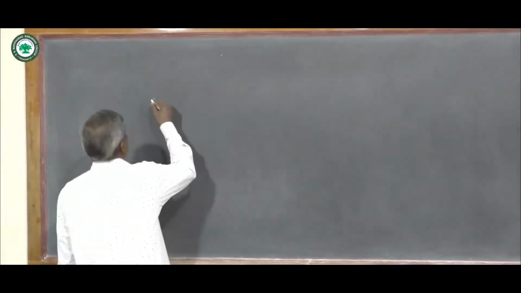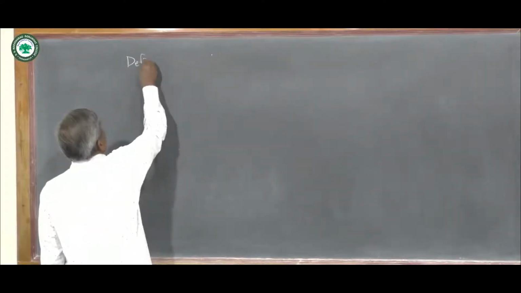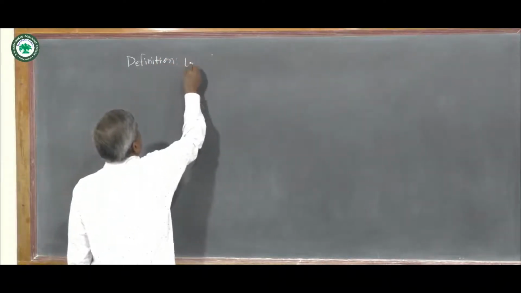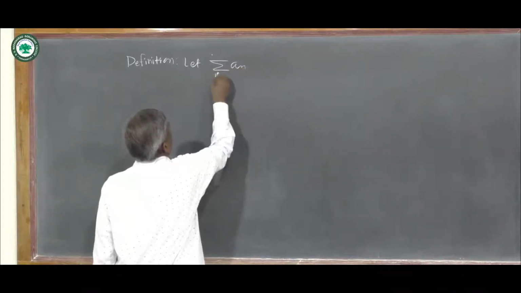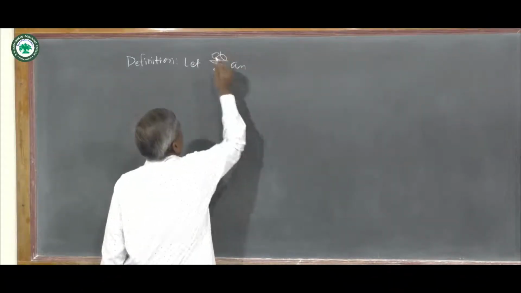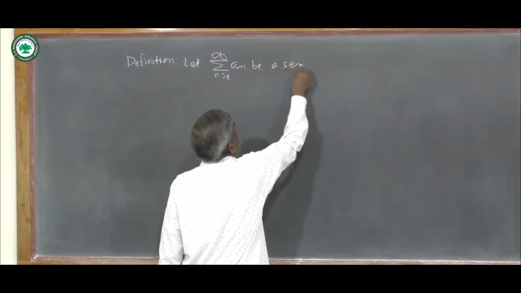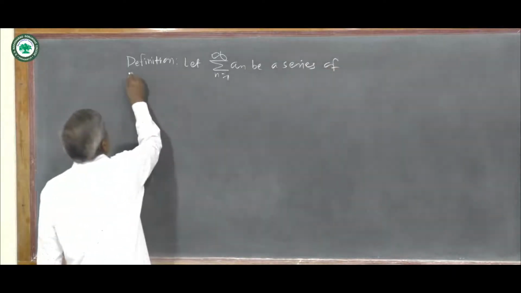Second definition. Let sigma a_n, n equal to 1 to infinity, be a series of real numbers.